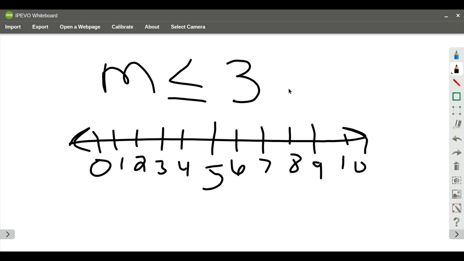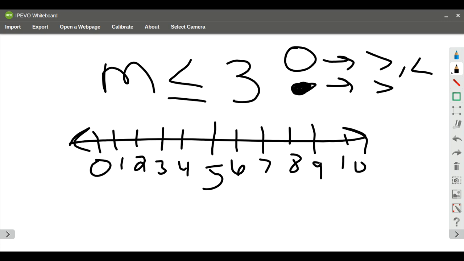I told you guys that an open circle represents greater than or less than. Well, a closed circle, which is a shaded-in circle, represents greater than or equal to or less than or equal to. The reason is that the shaded circle tells me that it can be a value.